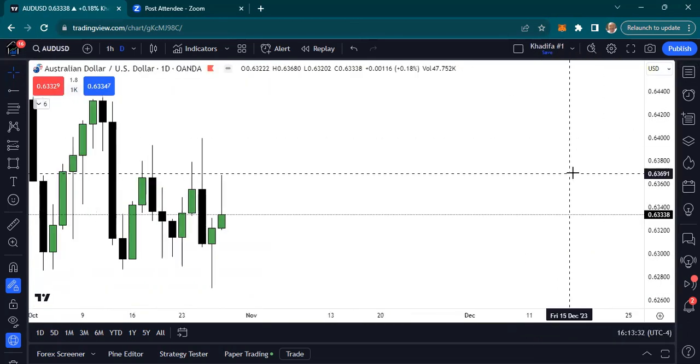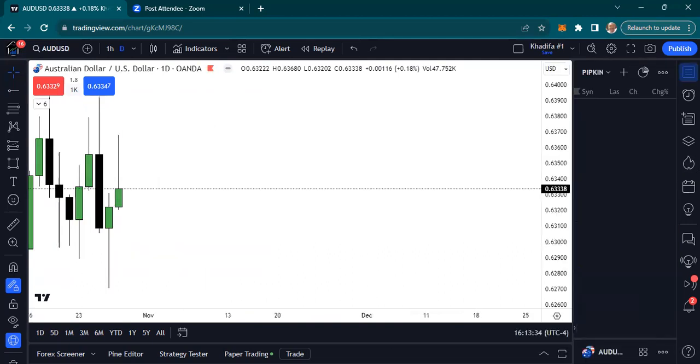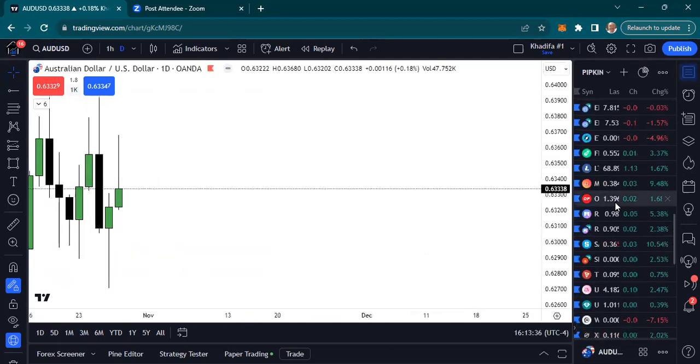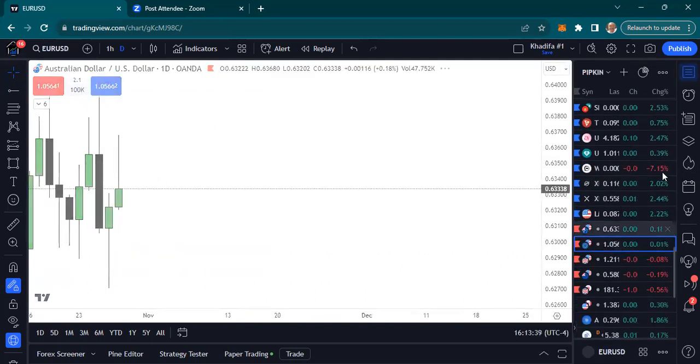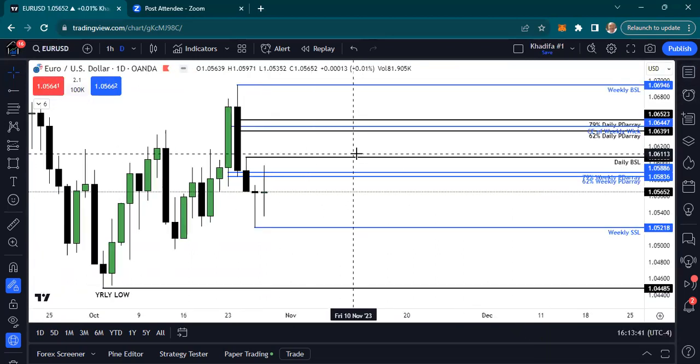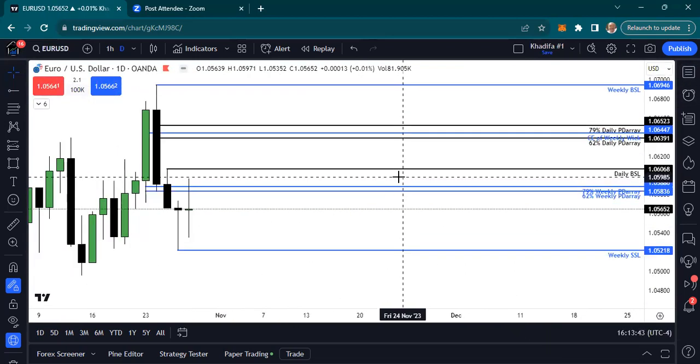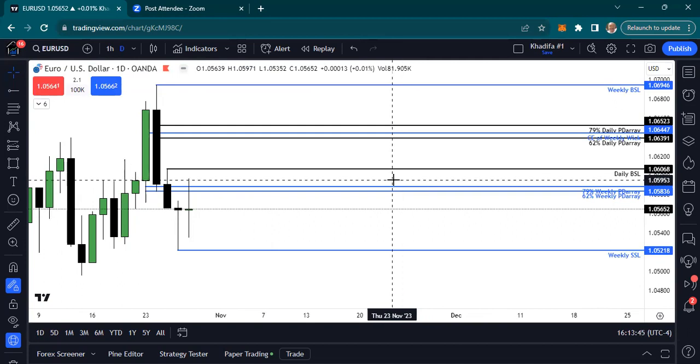Looking at Euro USD, I went to AUD USD. Sorry about that. Looking at Euro USD, the same thing that I'm expecting out of the dollar index, just flip that to the opposite for Euro USD, and that's exactly what I'm expecting out of Euro USD.